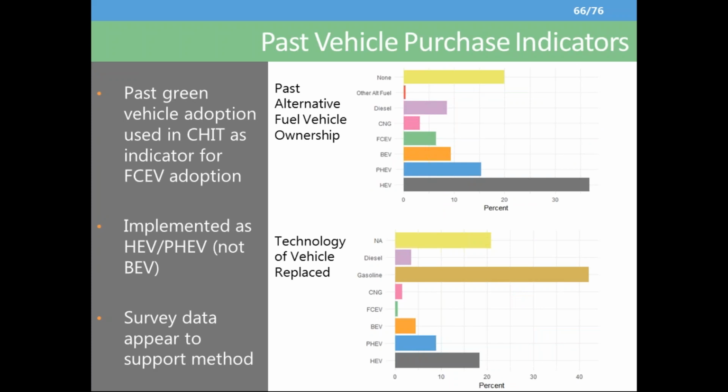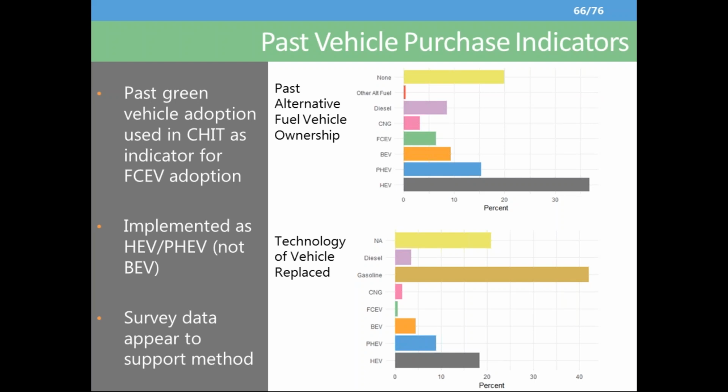As I mentioned earlier, we look at past hybrid and plug-in hybrid electric vehicle adoption rates in particular, but not BEVs, because plug-in hybrids, hybrids, and fuel cells are essentially electrified drivetrains that enable you to drive on a cleaner drivetrain without really having to change your fueling pattern.